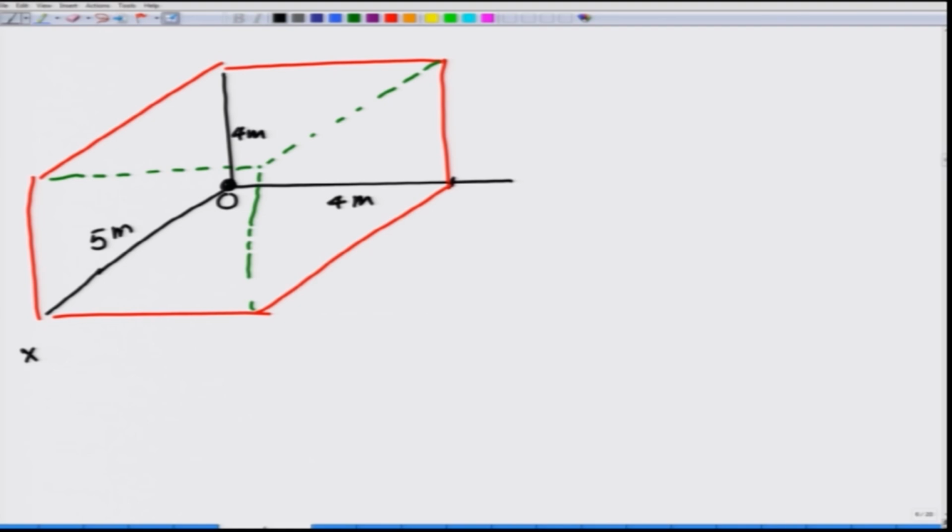The fly initially is at the center of the floor, this is the floor. So, let us see what is the coordinate of the fly.